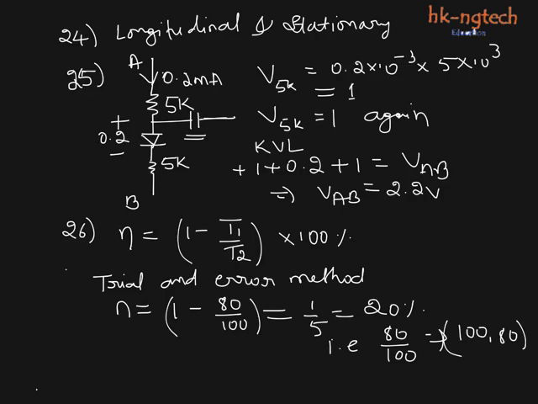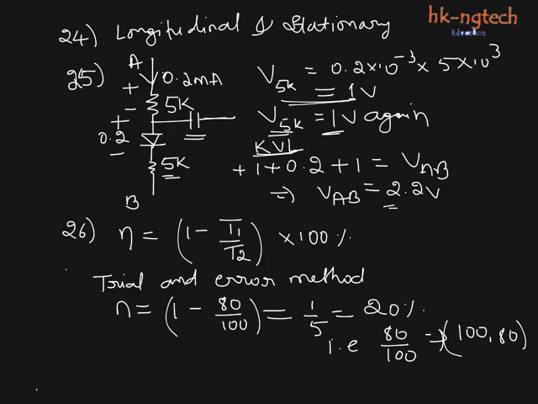The voltage drop across the 5 kilo ohm resistor is 1 volt, and the voltage drop across the other 5 kilo ohm is also 1 volt. So by applying Kirchhoff's voltage law across the given circuit, I will get VAB equal to 1 plus 0.2 plus 1, that is 2.2 volts. So that must be the answer for the 25th question, 2.2 volt.